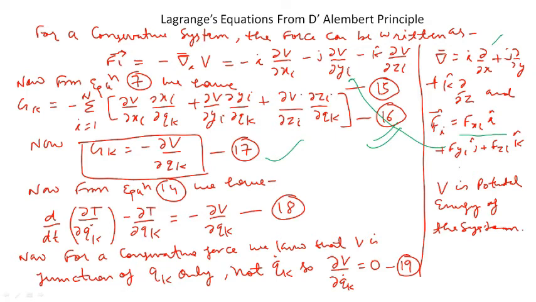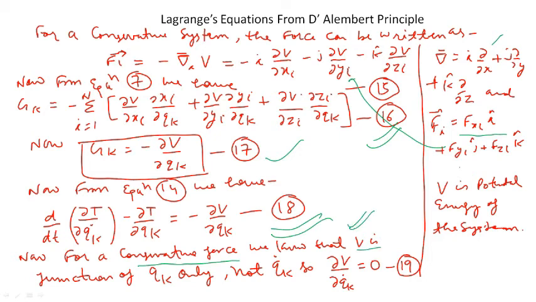So here generalized force has been described in terms of the potential energy, and earlier in equation 14 generalized force has been described in terms of the kinetic energy. So from equation number 14 we can write Qk is equal to minus del V over del qk. So it becomes your equation number 18. As you know, for a conservative force, potential energy is a function of the position coordinates.